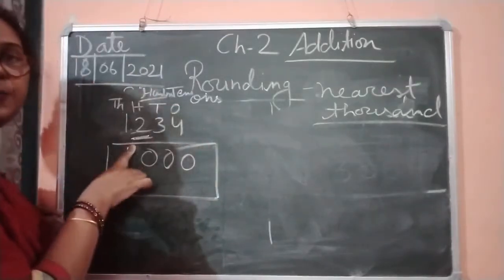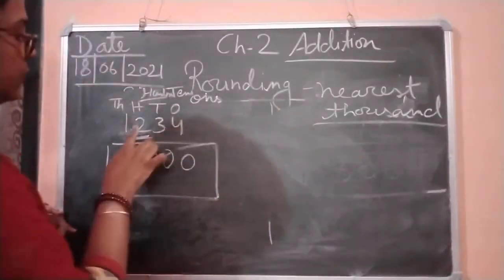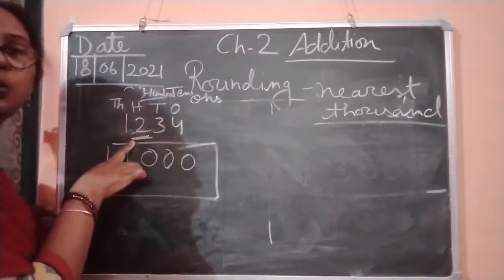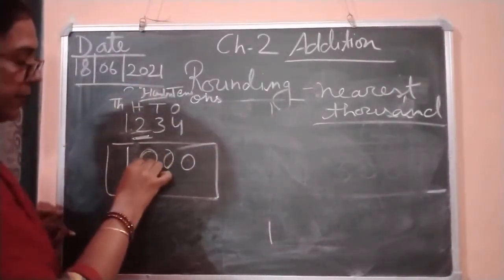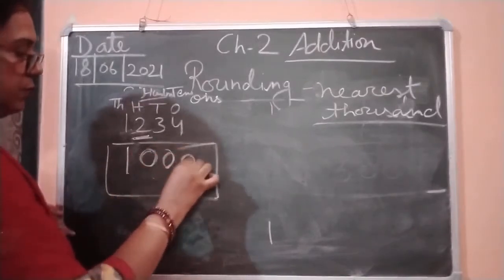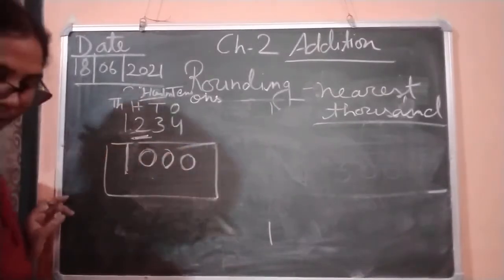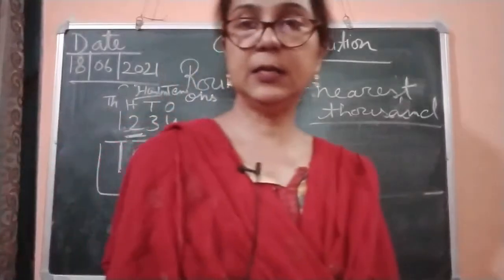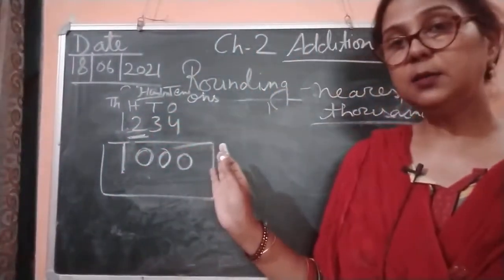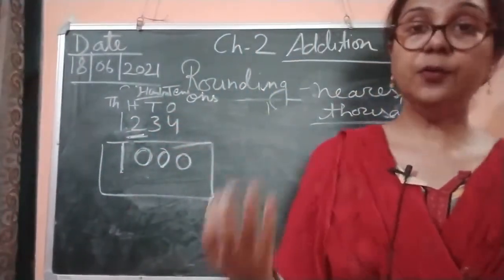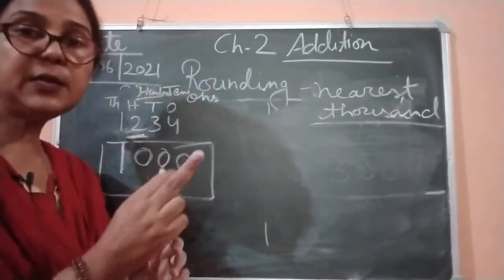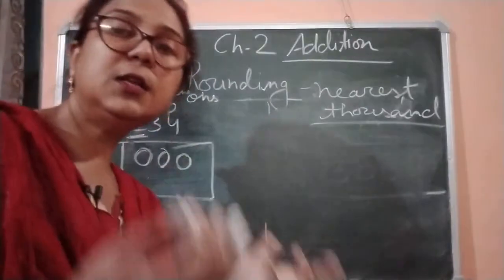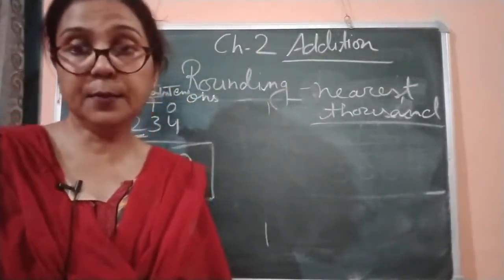Because at the hundreds place, nearest 1000, what is there? 2. 2 is a weak number. That is why we will just replace the 2 with 0. Okay. This is very easy to understand, but because we are rounding off the numbers in tens, hundreds and thousands, first we should know what the strong numbers and weak numbers are.